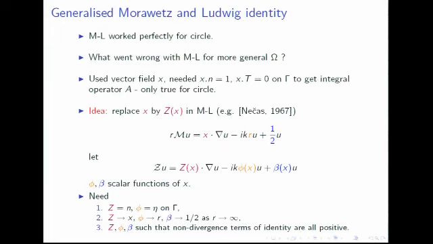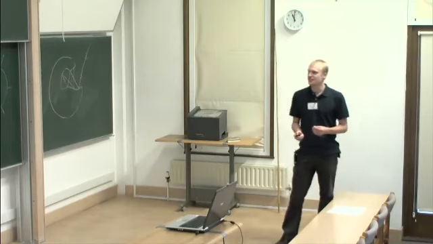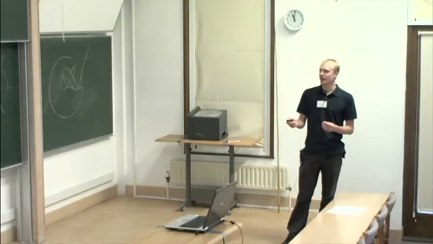And the third thing we need is to make sure that all the non-divergence terms of the identity are positive. That's this third condition here. And so far, we've managed to satisfy all these three conditions when the domain is strictly convex and smooth in 2 dimensions.